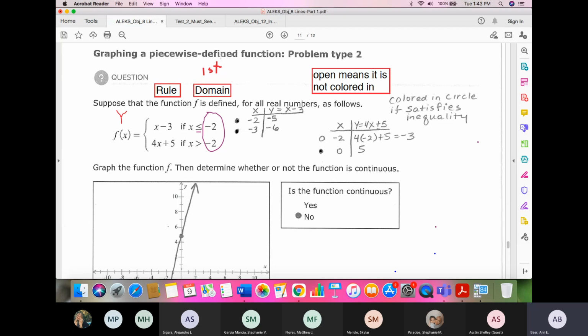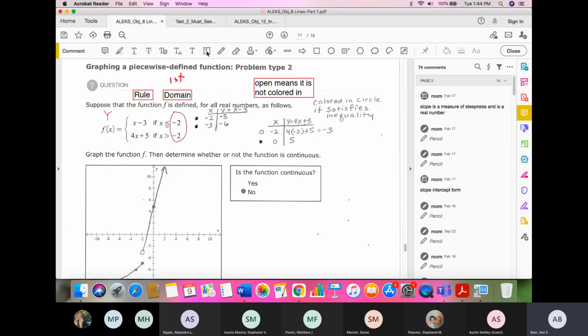So, graphing a piecewise defined function, problem type 2. Now this is what's given to you initially. I've got it a little bit marked up, so maybe I should unmark it so you can see what's given to you initially and it's not so cluttered. Let me get this off, and this off, and this off.